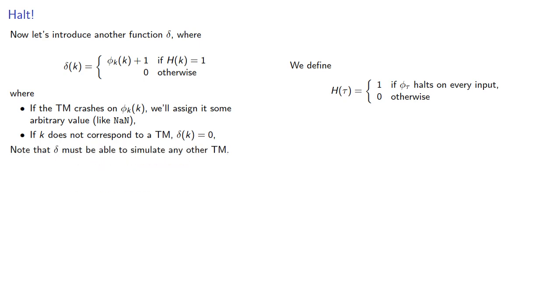Note that delta, because it has to evaluate v_k(k), must be able to simulate any other Turing machine, so it must itself be a universal Turing machine. Now, so far we haven't assumed very much about our functions h and delta, so let's think about this.